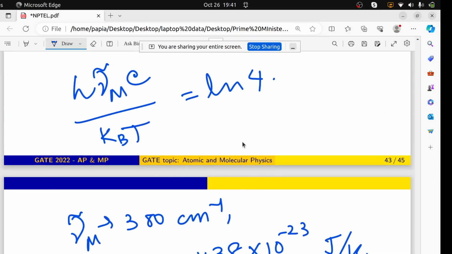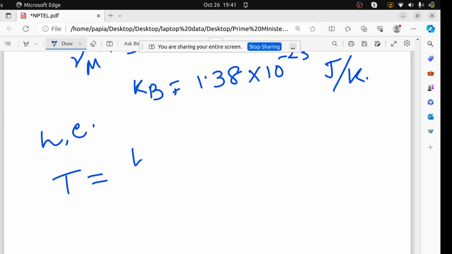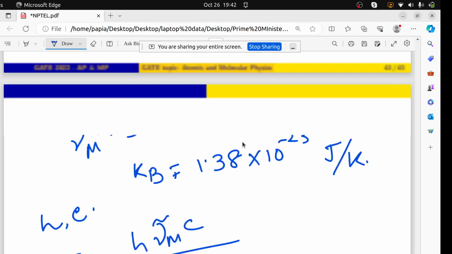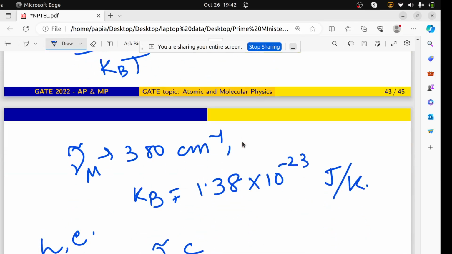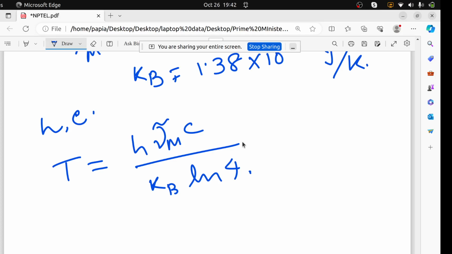So what will be the value of T? T will be h nu m c divided by kB into ln 4. Now one thing we have to check very carefully, the unit.